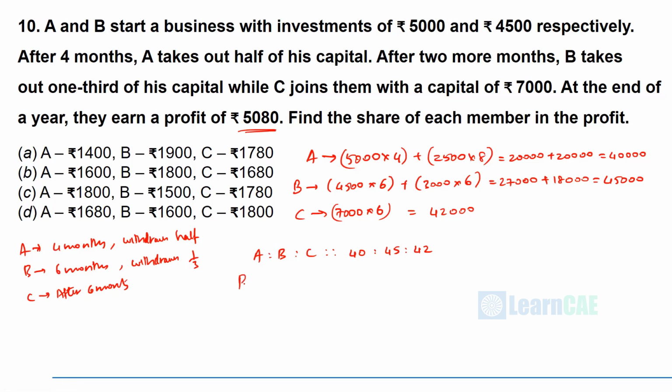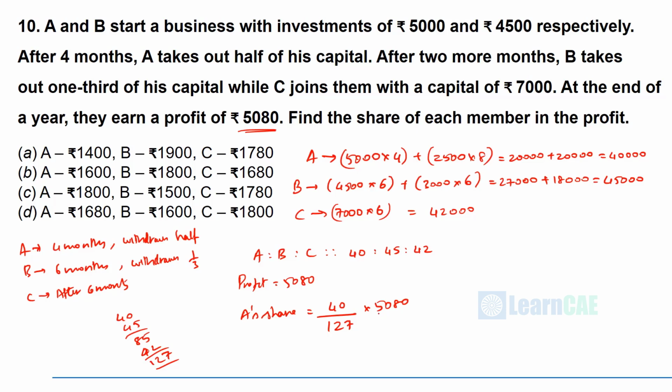A's share is equal to 40 by the sum of these three values, that is 40 plus 45, this is 85, plus 42, this is 127. So A's share is 40 by 127 into profit, that is 5080.